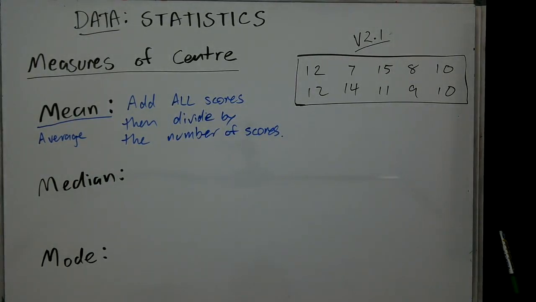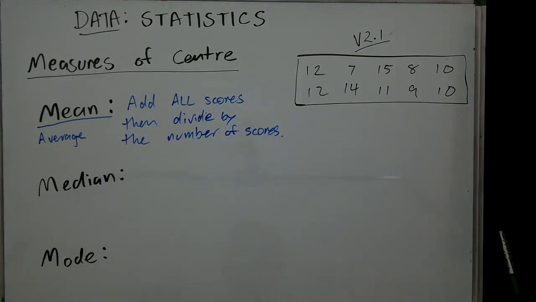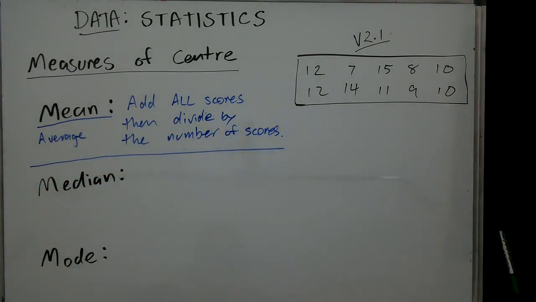I'm hoping everyone's familiar with that. We just add up all the things that we've got and divide by how many things.